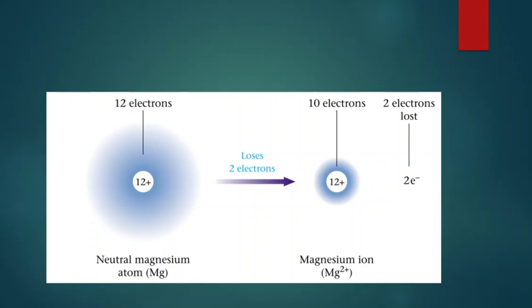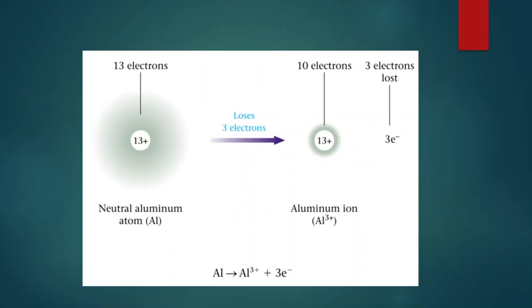Magnesium, because cations do not change their names. Aluminum, if aluminum loses 3 electrons, we now call aluminum what? Aluminum. Because if you lose electrons, we don't change your name.